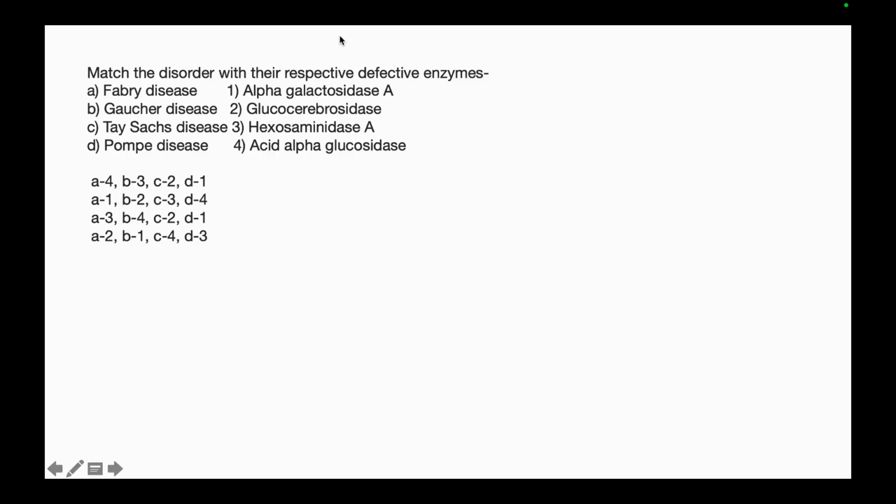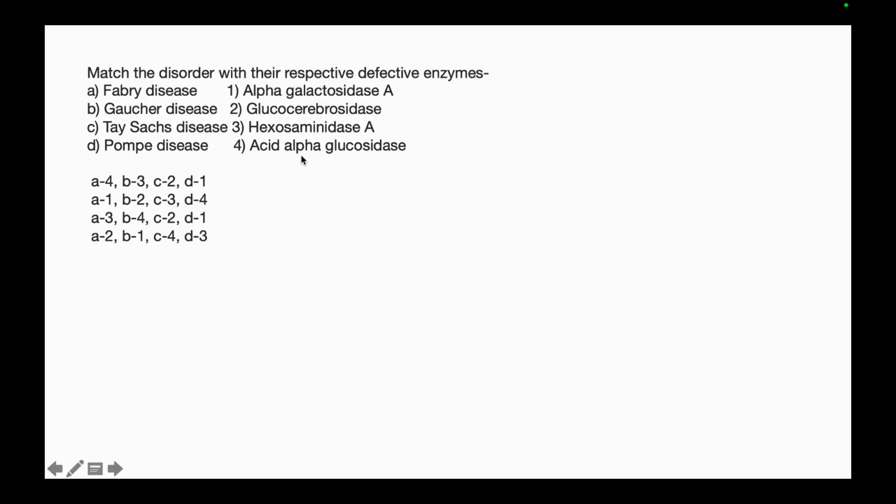Match the disorder with their respective defective enzymes: Fabry disease, Gaucher disease, Tay-Sachs disease, Pompe disease. So the correct order is the same. Fabry disease: the defective enzyme is alpha galactosidase A. Gaucher disease: the defective enzyme is glucocerebrosidase.